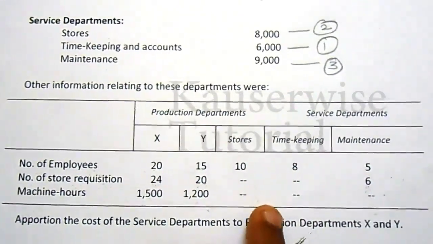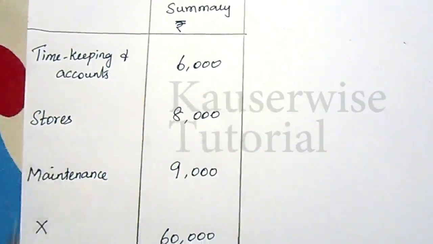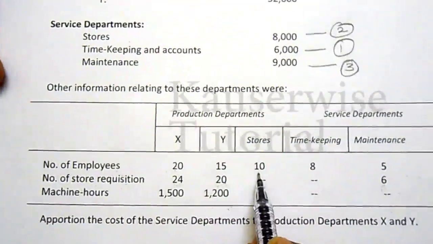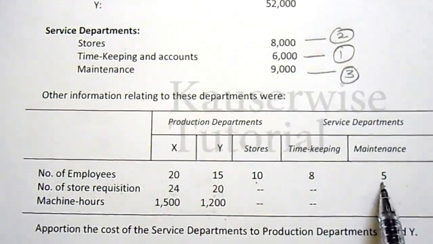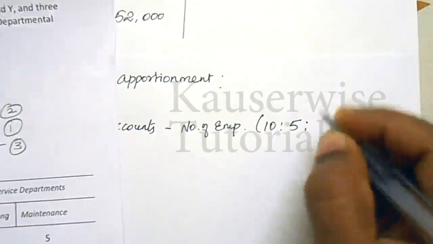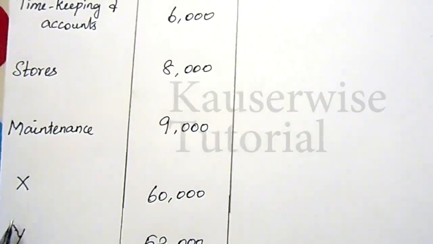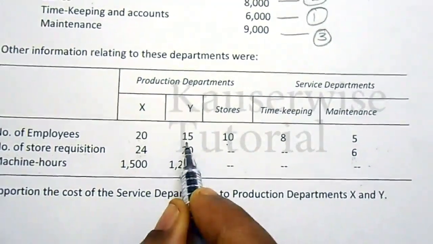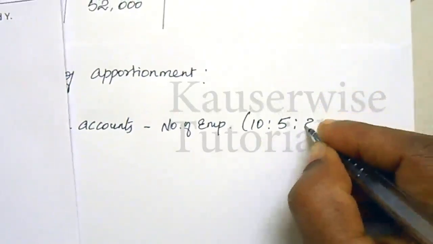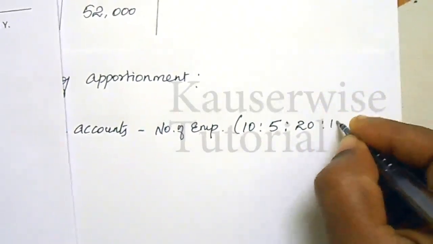So you have to take the proportion according to the sequence. Just look at the answer. First one, stores. For stores 10. The next one is maintenance. For maintenance, 5 employees. Next one, X department, and last one, Y department. Department X 20, department Y 15.